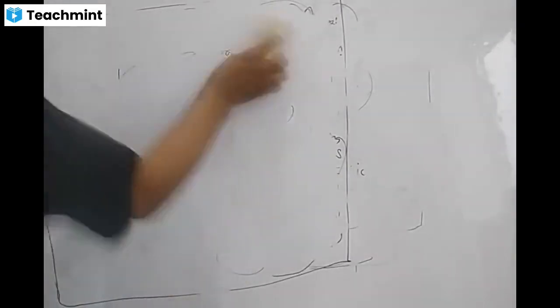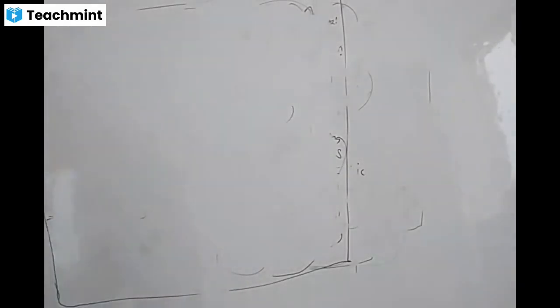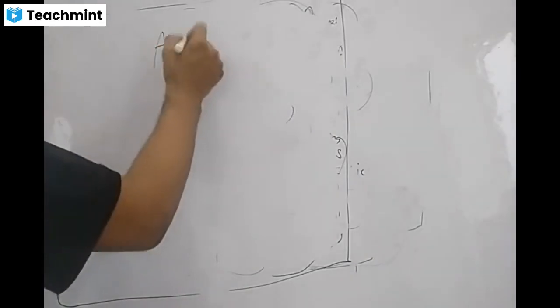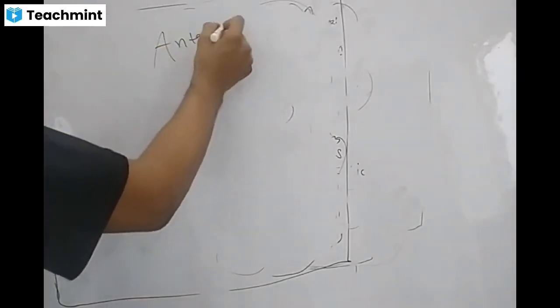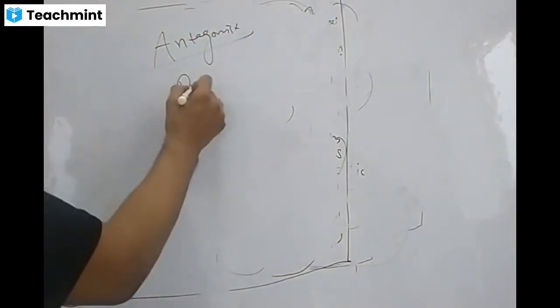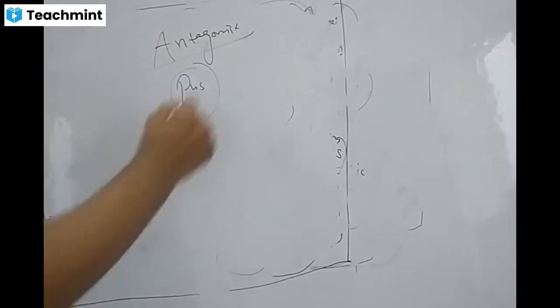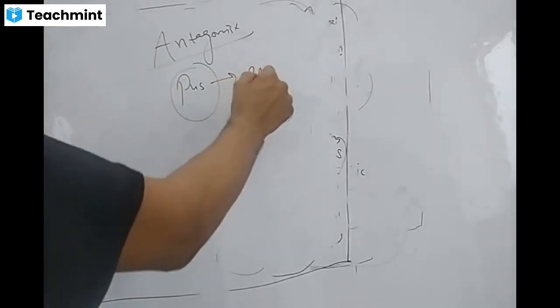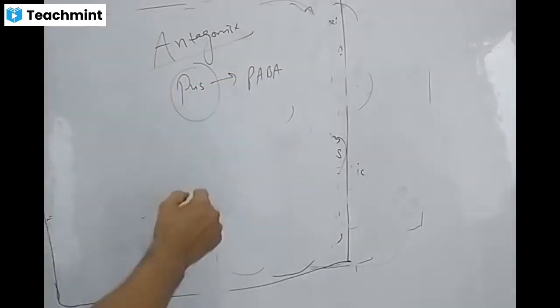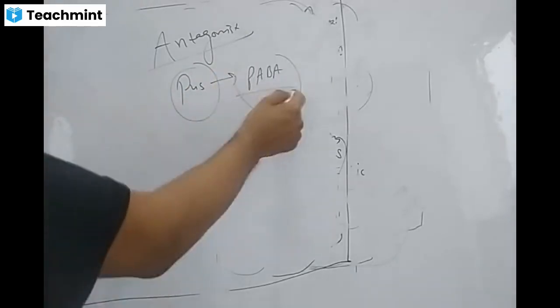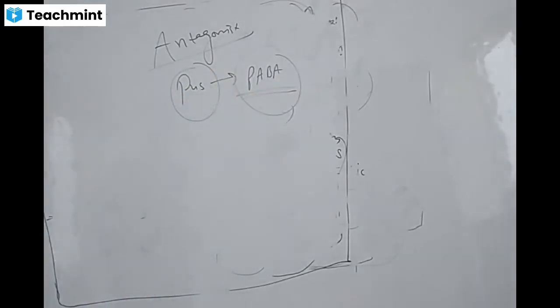Then there are some antagonists of sulfonamide. There are some molecules, if they are present, there are some antagonists like pus. Pus is a collection which is rich in para-amino benzoic acid, and this para-amino benzoic acid reduces the efficacy of our drug.